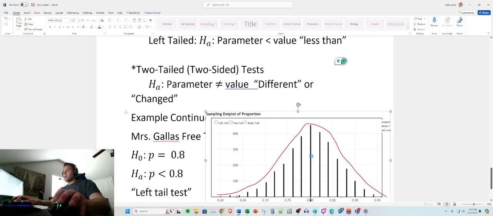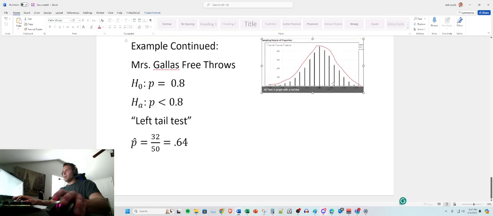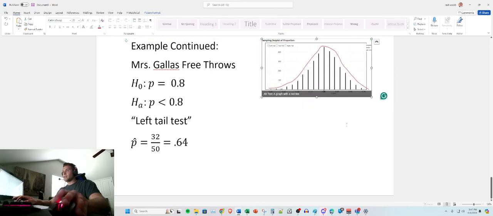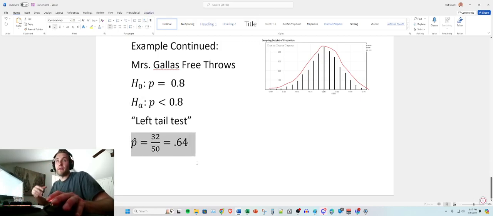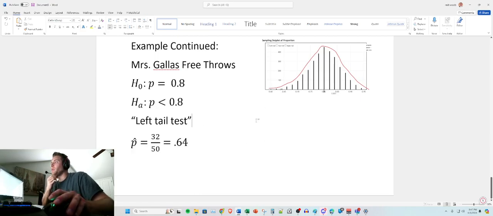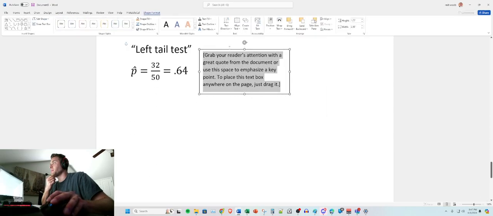But in your notes, what we can put is we're wondering, if I took many samples of size 50 from a random sample, what would the sampling distribution end up looking like? So we'll insert a text box here.